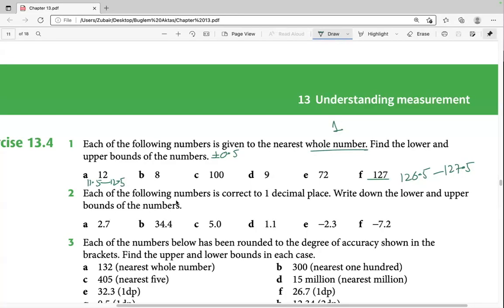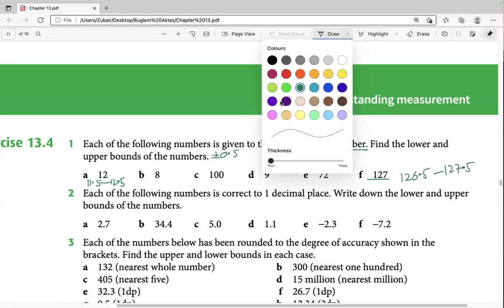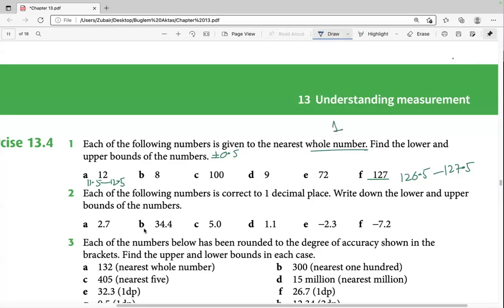Number 2. Each of the following numbers is correct to 1 decimal place. Write down the lower and upper bound of the numbers. It says it is already correct to 1 decimal place. It is written up to this point. So I know the value of this place is 0.1, and what do we add and subtract? Half of it, 0.05.